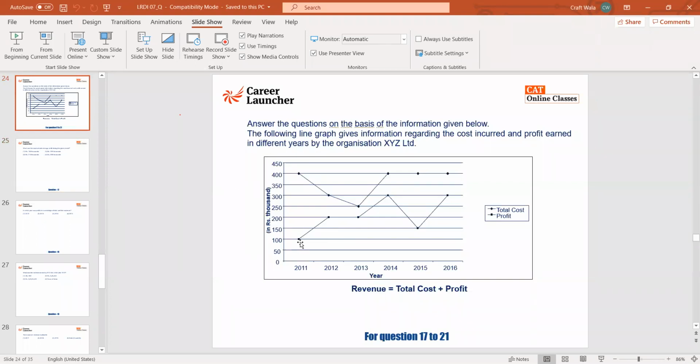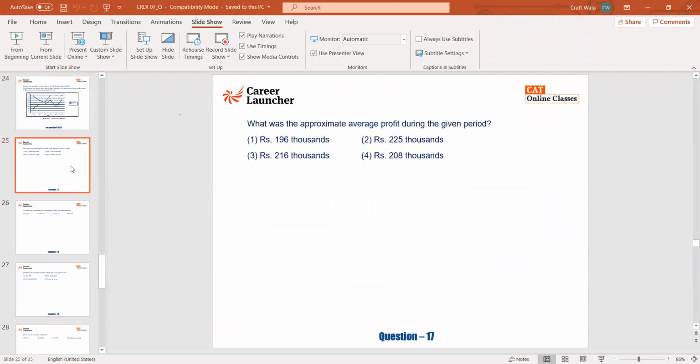So this is your profits, right? So you add it up: 100, 200, 200, 300, then 150 and 300. Yeah, 208. Correct. If everybody has got 208, fourth one is the right answer.